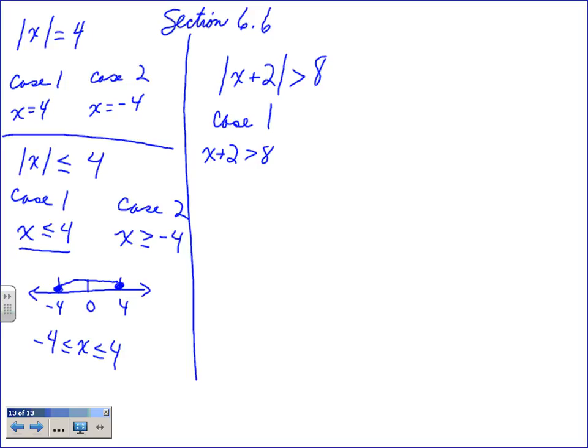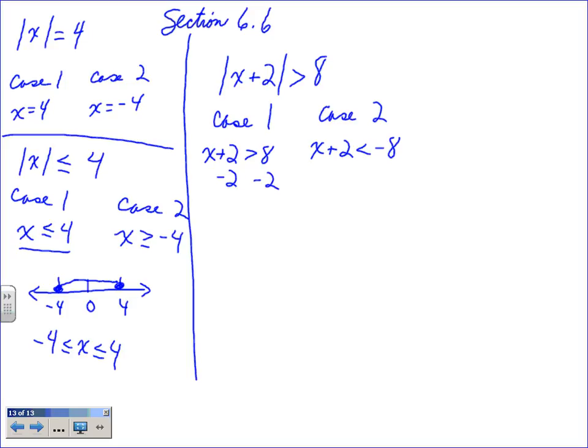In case 2, what's inside is less than -8, correct. Okay, so it's not really a lot different, is it? And then we solve these two inequalities, but let's see what kind of a graph we get here.